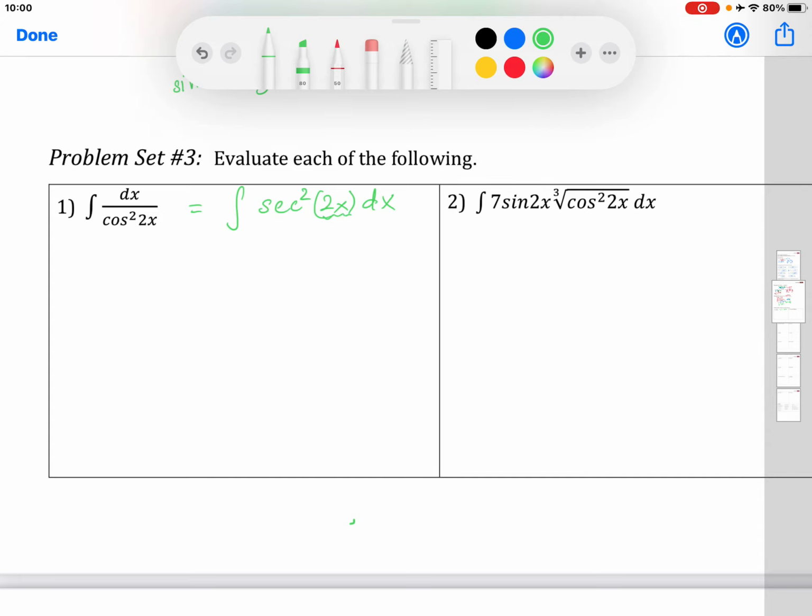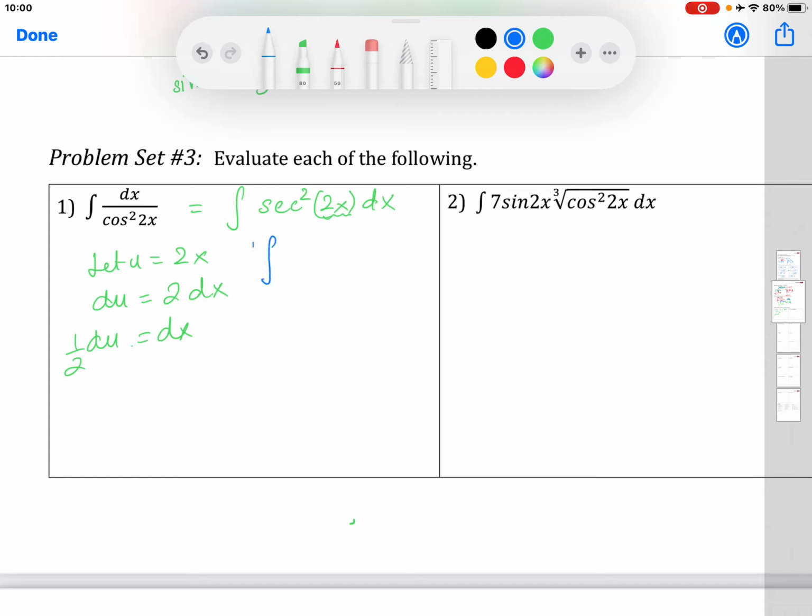But I have the 2 inside. We really don't know much about it. So I am going to say let u equal 2x. So du would be 2 dx. I just need to replace dx. So dx would be 1/2 du.